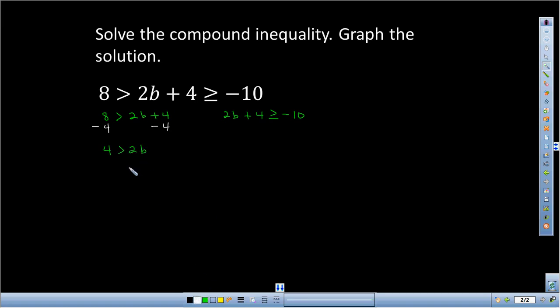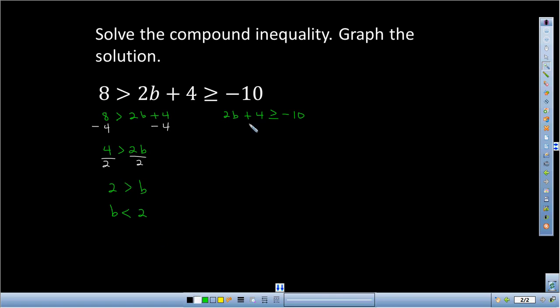Using the division property of inequality, we can divide both sides by 2 in order to isolate the b. 2 divided by 2 is 1, so we have b is less than 4 divided by 2 is 2, and an equivalent inequality would be b is less than 2. So here we go. 2 is greater than b, or b is less than 2. Either statement is equivalent. These two statements are equivalent.